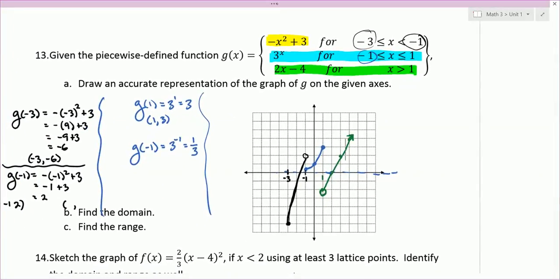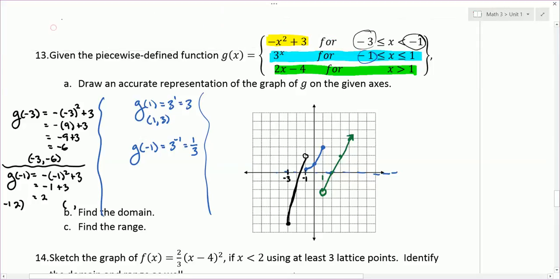Find the domain. Okay. So the furthest to the left is negative 3, and that's included at negative 3. We get a solid point. Furthest to the right is, well, it's going to go as far right as we want, infinity.